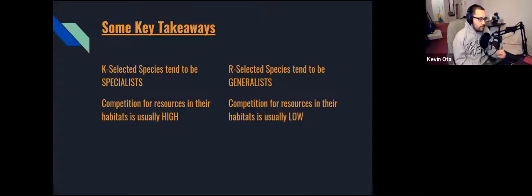Finally, some key takeaways. K-selected species, the ones like the bears, kangaroos, and us, tend to be specialists, and competition for resources in their habitats is very high, whereas R-selected species tend to be generalists, and they don't have a lot of competition for resources in their habitats. There's just so many of them.